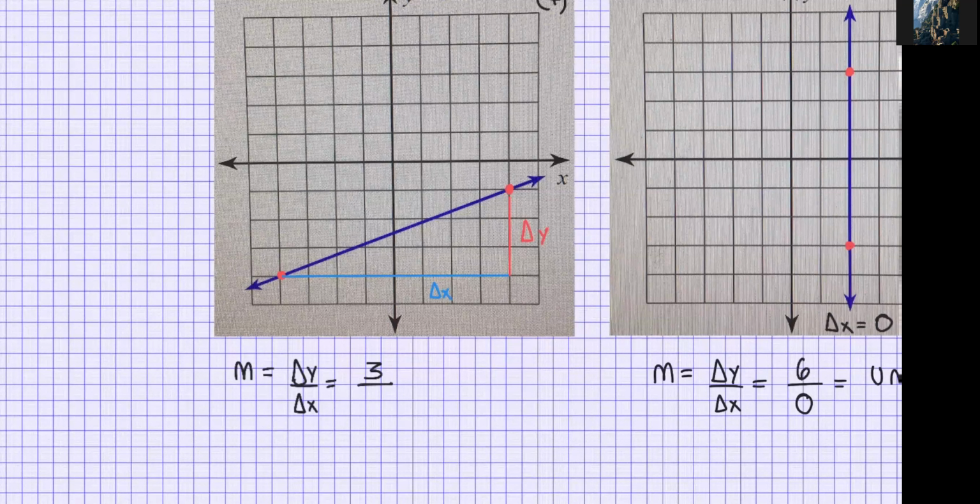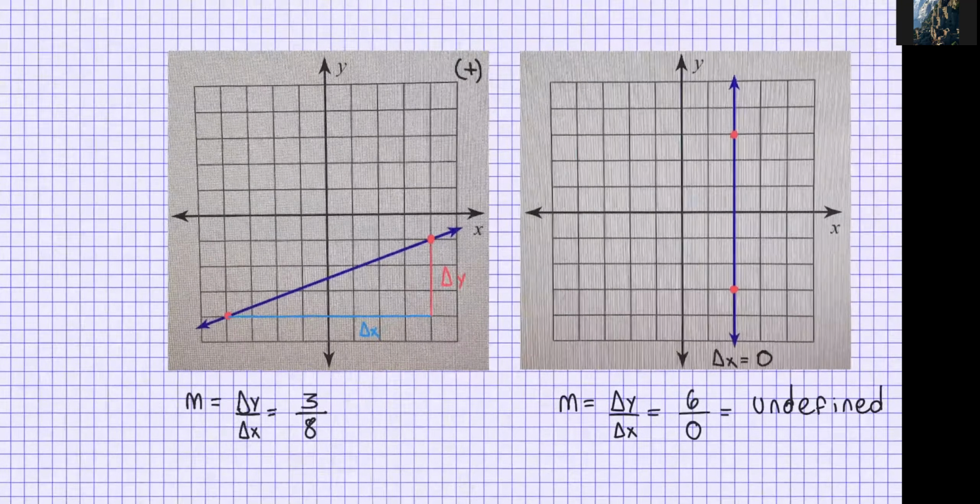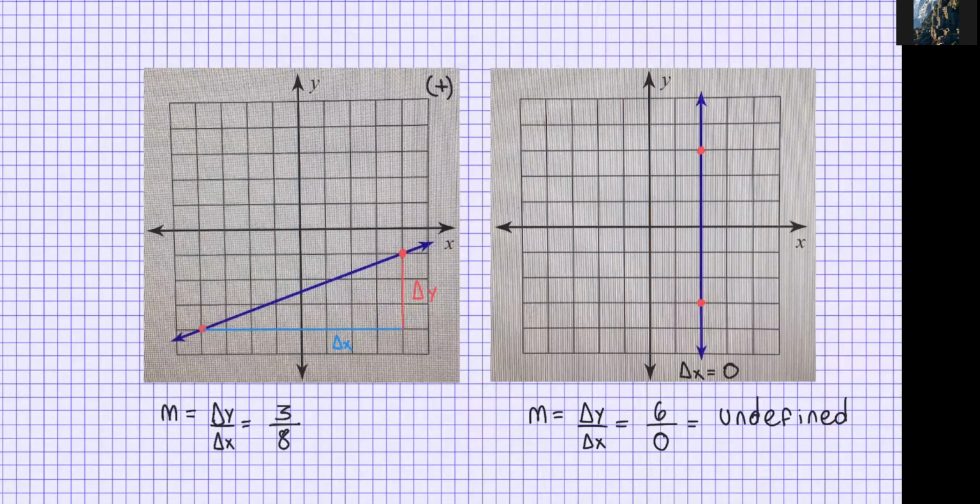And on the horizontal we have 4, 5, 8. And that's our slope. And that's how you calculate the slope graphically. Thank you very much, and I'll see you in our next video.